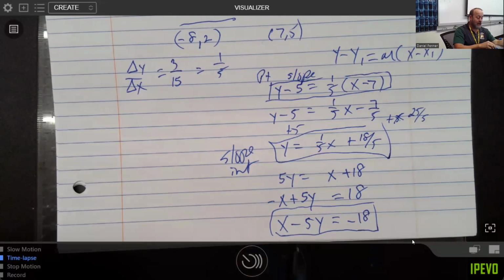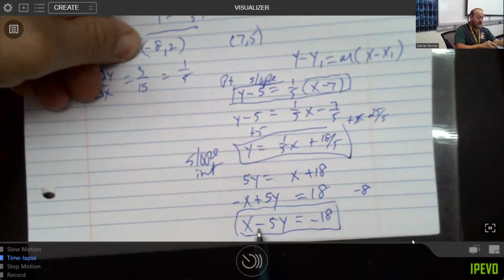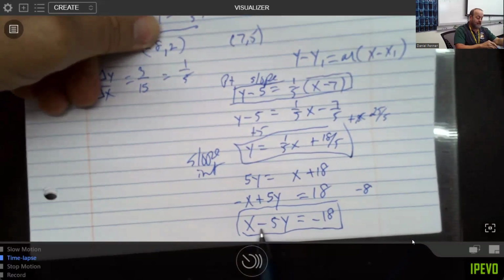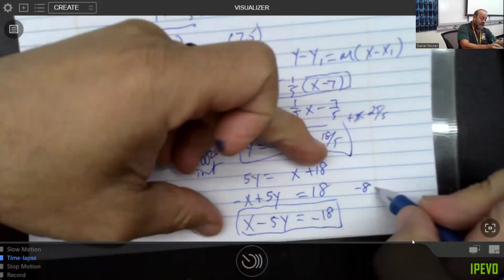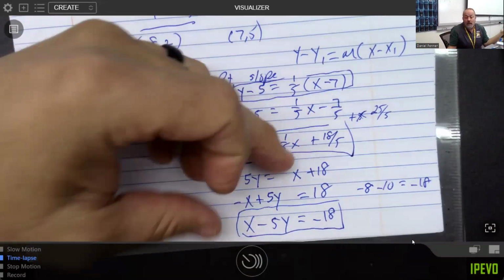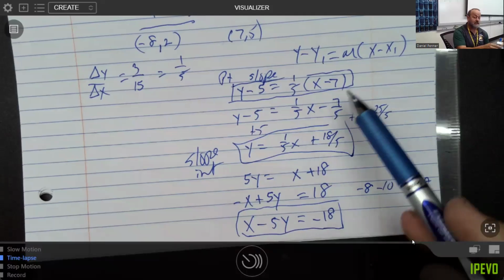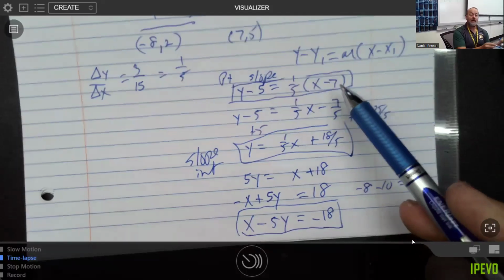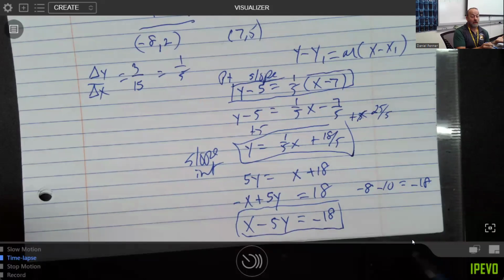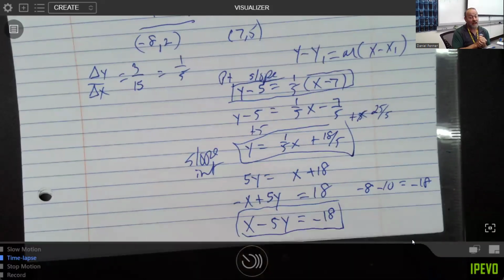This says if I took my x, which is -8, and -5 times my y, and -5 times +2 is -10, this claims that my answer should be -18, which it clearly is. So I know that my original one went through 7, 5 because that's how I forced it to go. And my other one goes through my other coordinate, -8, 2. So I'm pretty confident I did well.